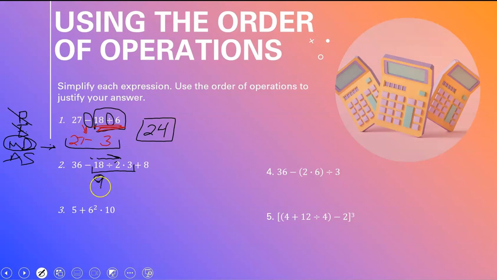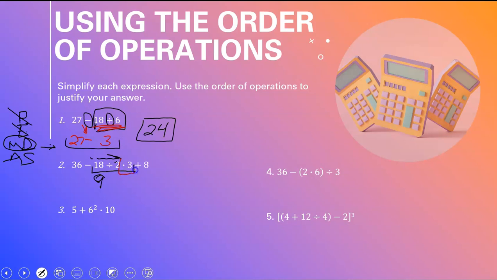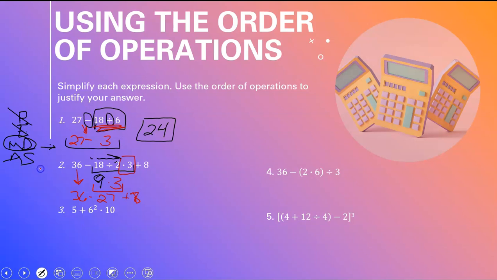to get 9. Once we do that, however, because we can only do one operation at a time, we have to remember, hey, that multiplication is still there. So we're going to take 9 times 3 to get 27. And everything else falls down. You'll have to forgive my handwriting on this one. I seem to have misplaced my normal stylus here.